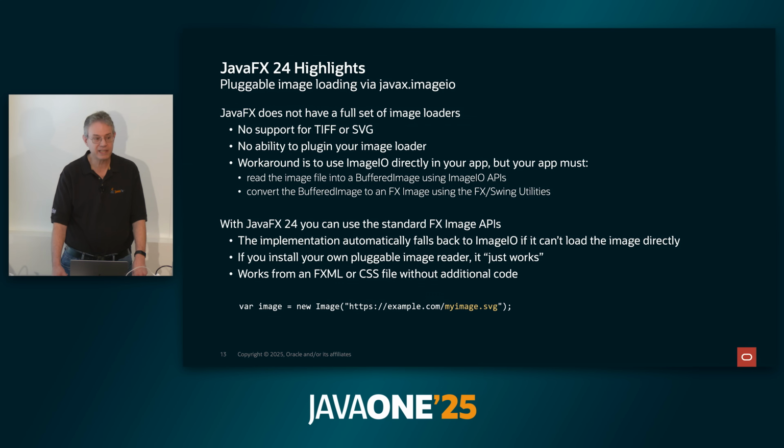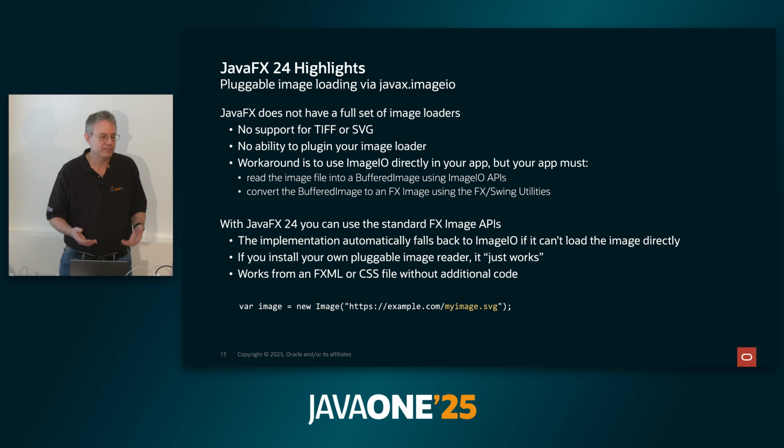So what applications have had to do up until now is code manually, actually using the image.io APIs in their application, copying it into a buffered image, and then using a utility that we provide that will take that buffered image and make yet another copy of it into a JavaFX image. And then once you've done that, you can now put that in your scene graph.